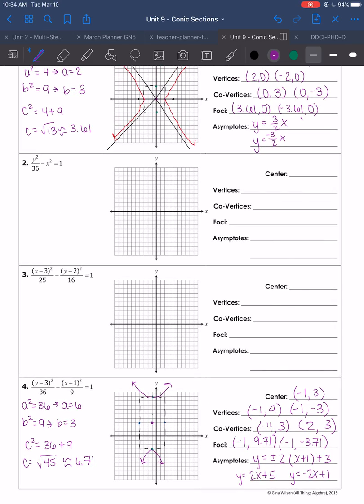So those would be my asymptotes. If I graph those on here, something like that, and then graph your foci, there is your hyperbola.